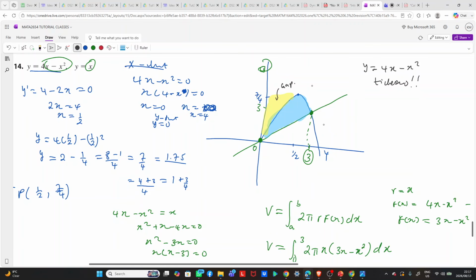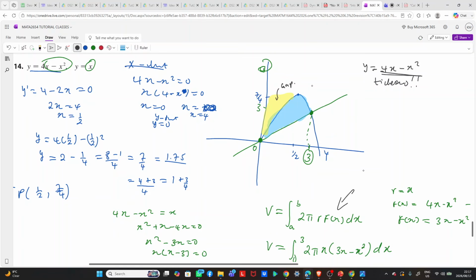We have a problem of making x the subject of the formula. Then this is when you can say, okay, fine, I can apply the cylindrical shell method, because with that you don't need to make x the subject of the formula.